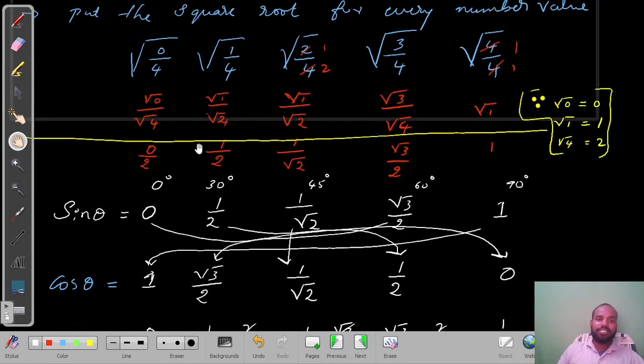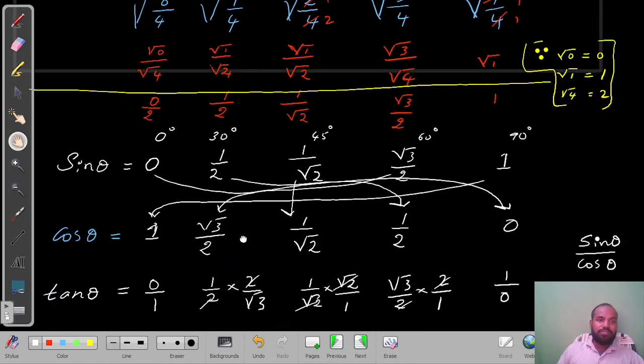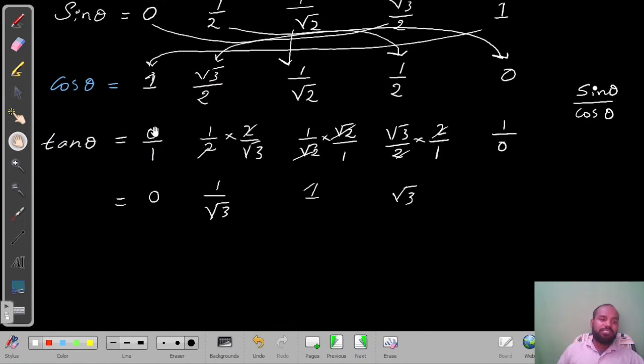What we are doing is writing the sine value on top and the cos value at the bottom. Now here 0 by something is 0, right? So it is a mistake, sorry. 0 by something is 0. Yes or no? Yes.